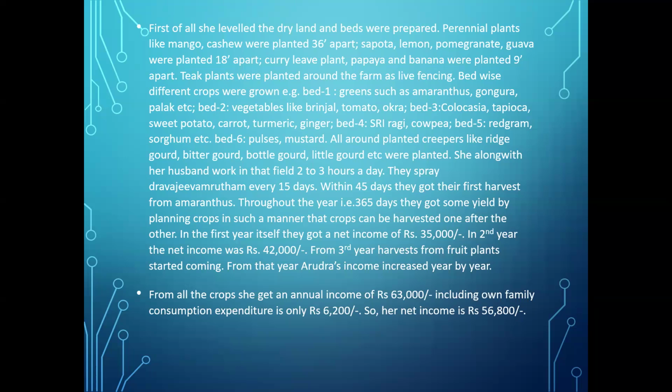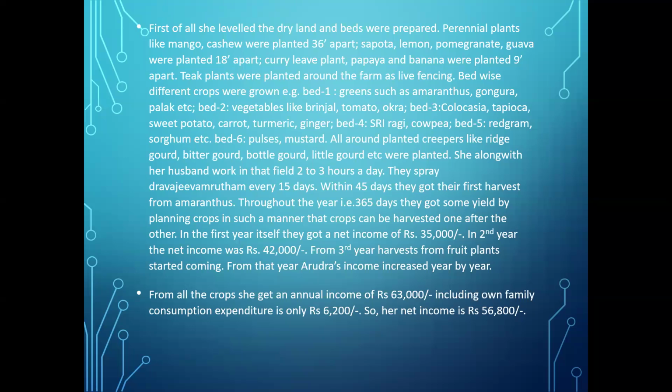Bed-wise, different crops were grown. For example, bed 1, greens such as amaranthus, gongura, palak, etc. Bed 2, vegetables like brinjal, tomato, okra. Bed 3, colocasia, tapioca, sweet potato, carrot, turmeric, ginger.